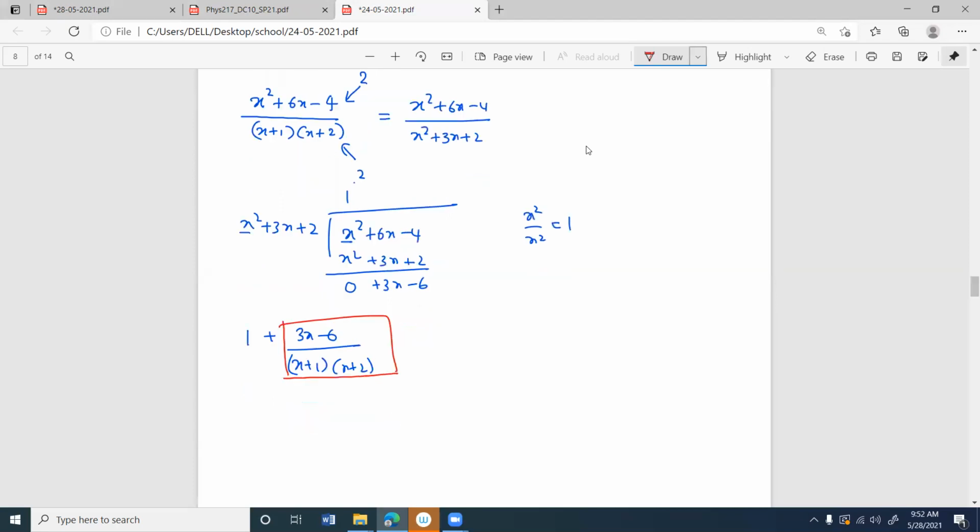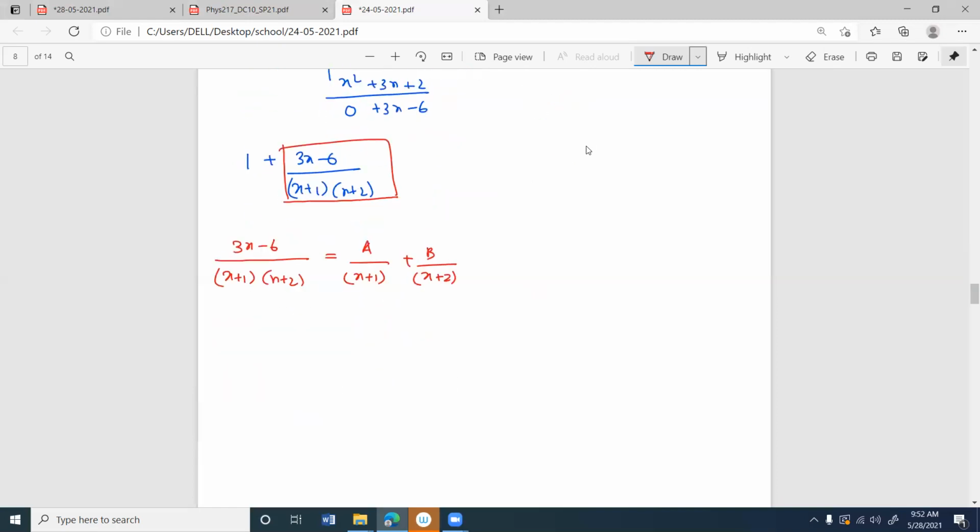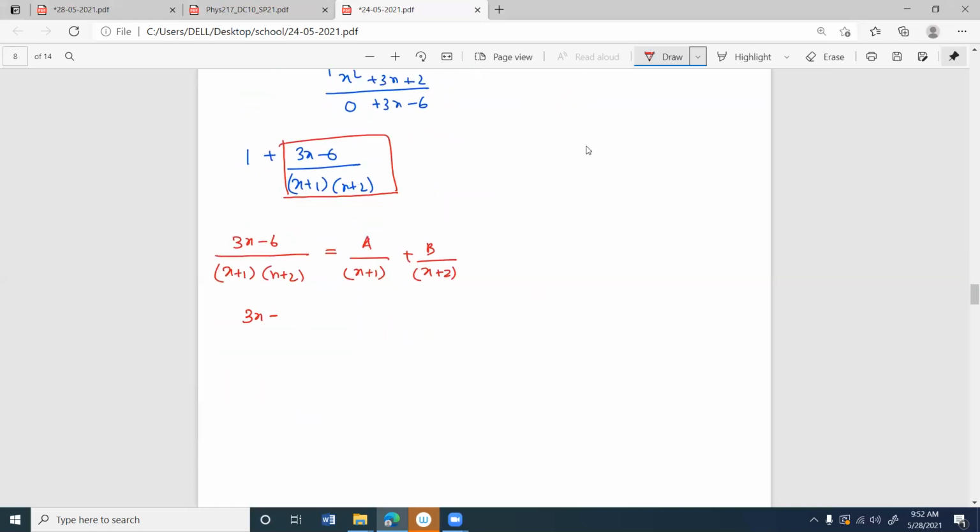Right. Let's do this. Then you can say 3x minus 6 over x plus 1, x plus 2 equals a over x plus 1 plus b over x plus 2, right? Then we can write 3x minus 6 equals a into x plus 2 plus b into x plus 1, with the same LCM technique.